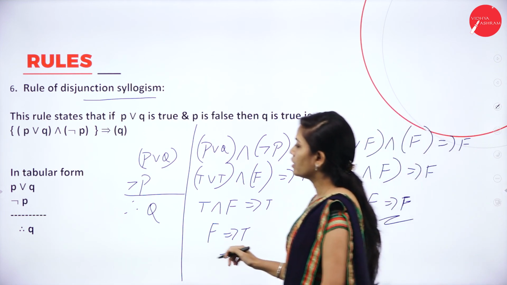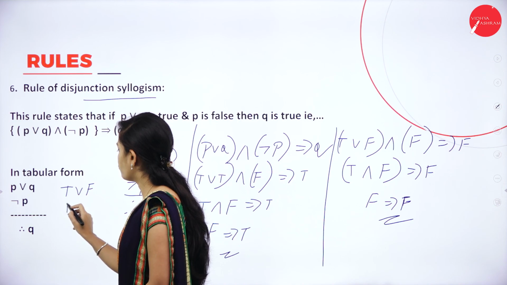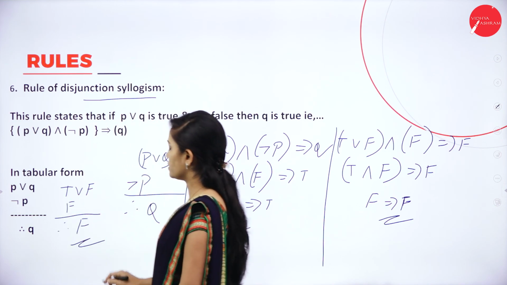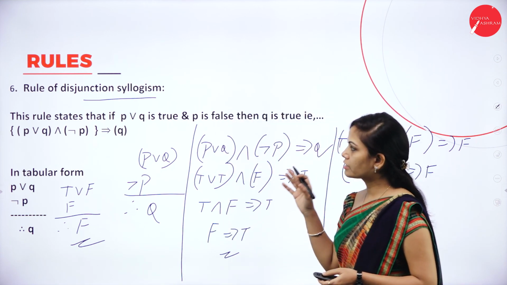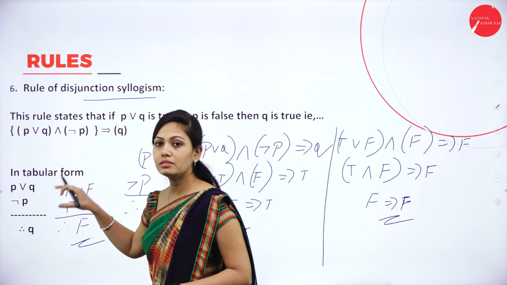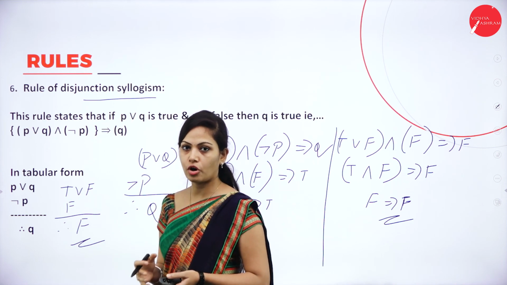So, here P is true and Q is false. So, negation P is false. Then, therefore, Q is false. So, this is a tabular form of this statement. This rule is called as disjunction syllogism. Here, you have to apply the truth values to find the statement is valid or not.